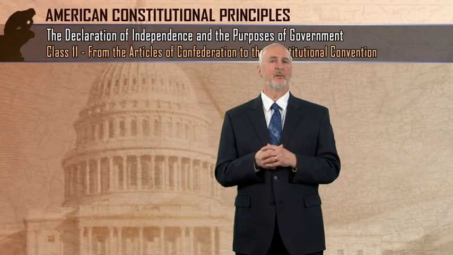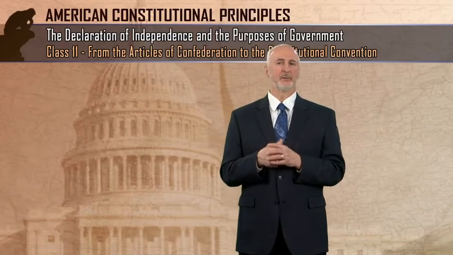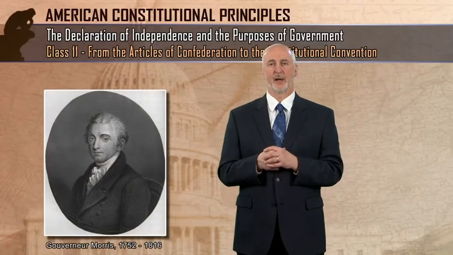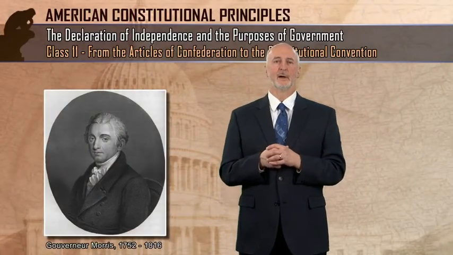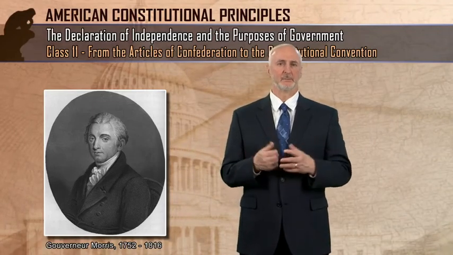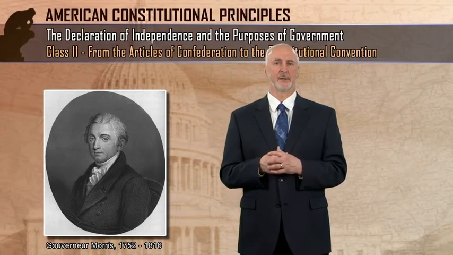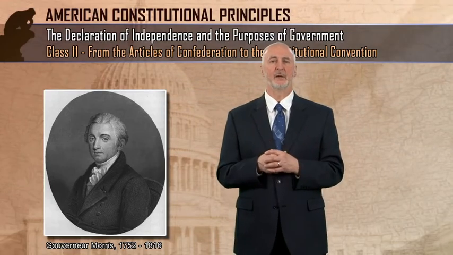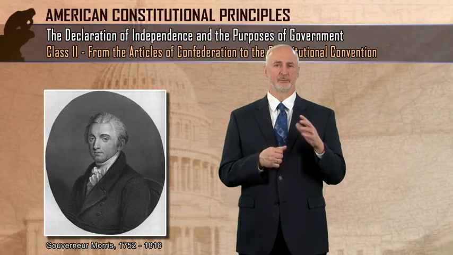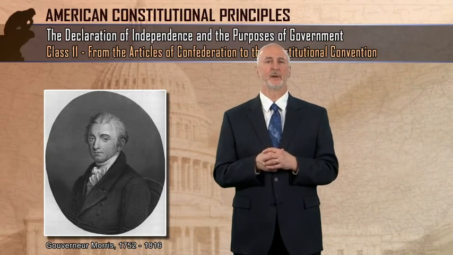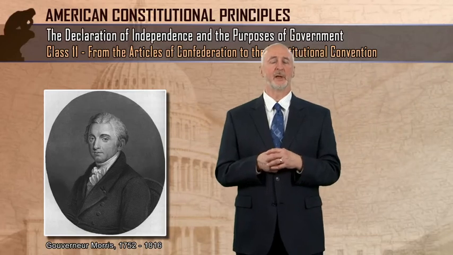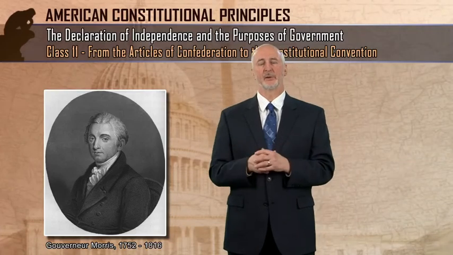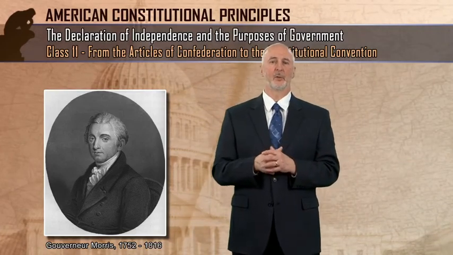You have other people who are very unknown today, but are really fascinating characters. People like Gouverneur Morris, who's a guy with one leg, a peg leg, who is a very irascible and very strong personality. He had some fairly significant influence on the provisions dealing with the executive, and he also is the person who ultimately did the last formal writing of the Constitution, the actual final wording of it.